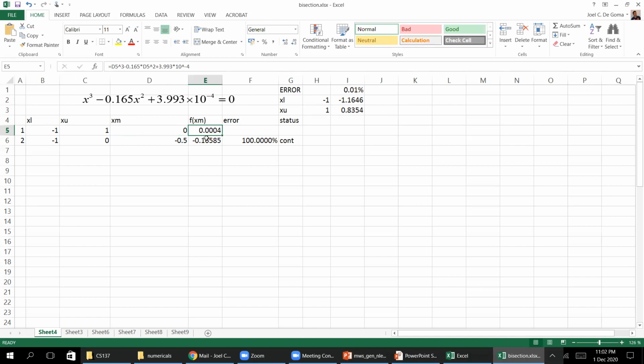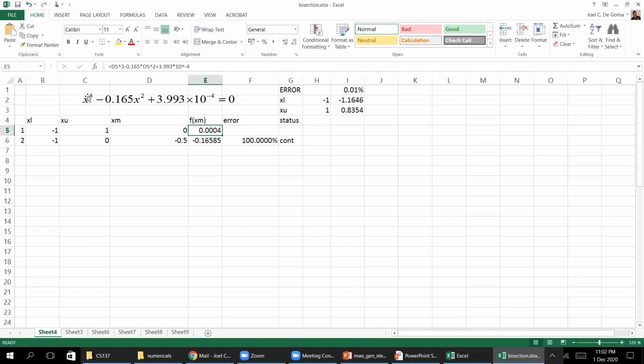Since this is positive, we're going to replace the upper limit by x sub m. So from 1, it will become 0. Then -1 plus 0 over 2 is -0.5. That will be our new x sub m.